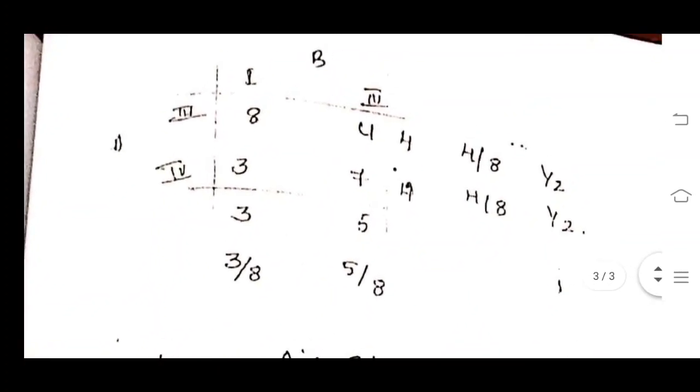Now for the columns, for the first column, in front of the first column the difference is 3, that will be written in the numerator. In the denominator is the sum of both the differences, the difference for the first column is 3, and for the fourth column is 5, that is 5 plus 3 is 8.